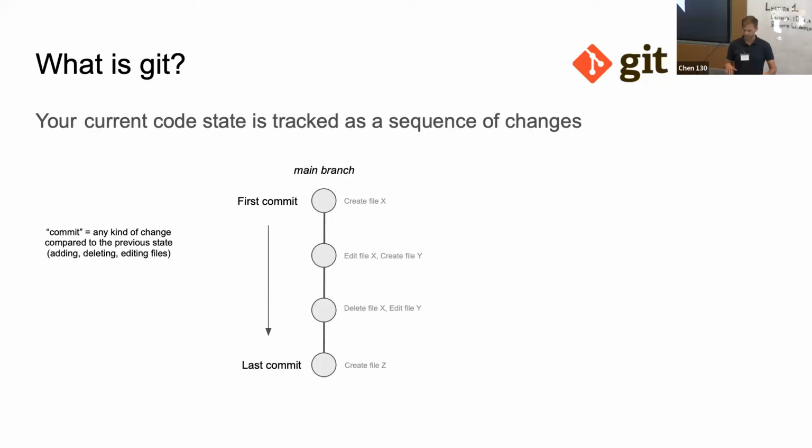So some more about the concept. In Git, you can think of the current state of your code as a list of changes. You start with some initial change where you create a file, and we call this a commit. And on top of the first commit comes a second commit, which could be editing this file, adding another file, or deleting a file.